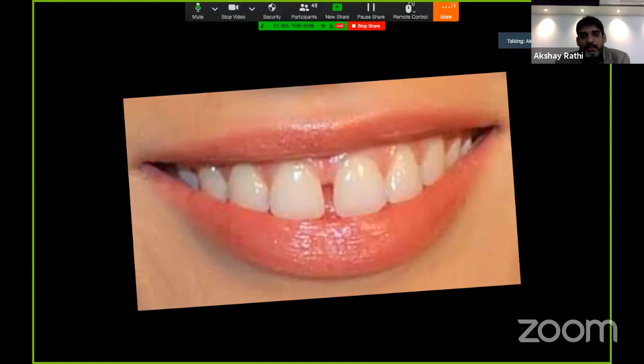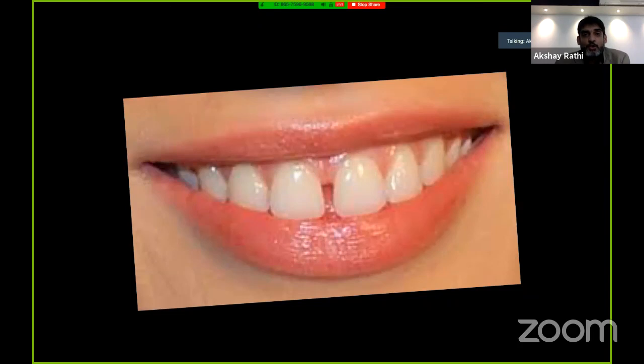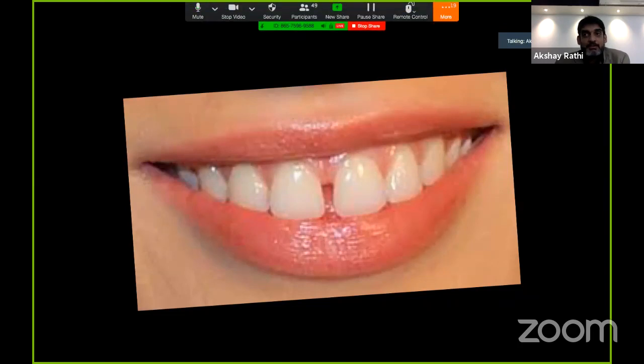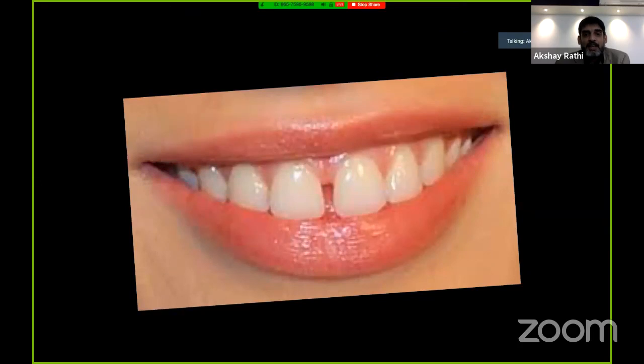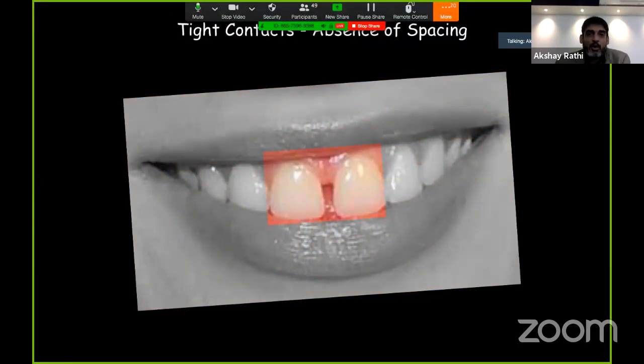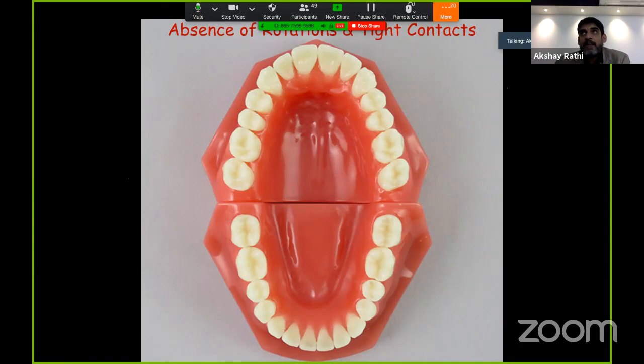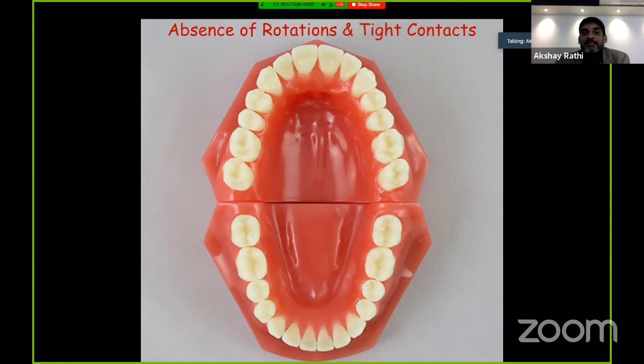The fifth key to normality is that your teeth must touch the adjoining teeth and there should not be any spaces between your teeth. So this is an abnormality. What we see over here is absence of rotations and tight contacts.